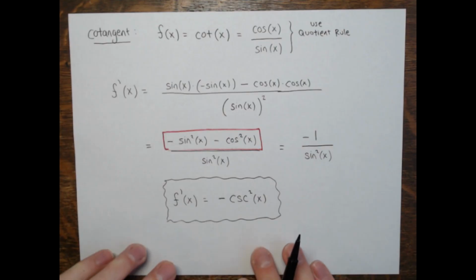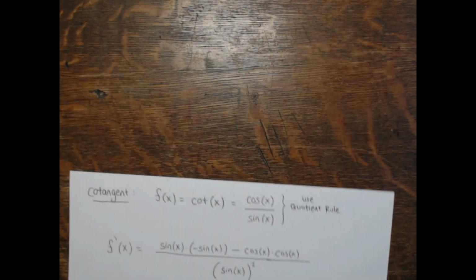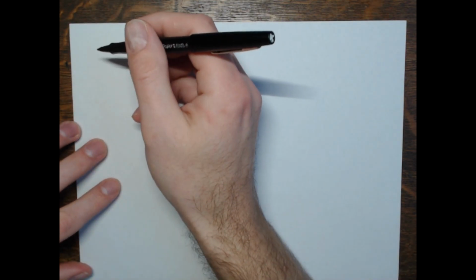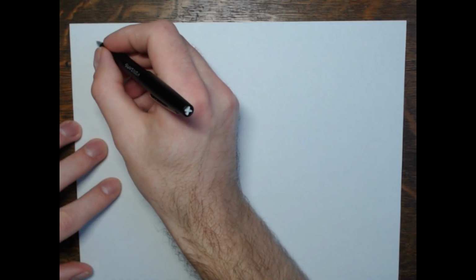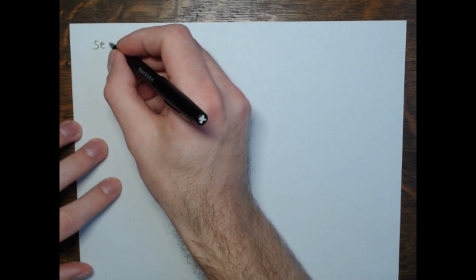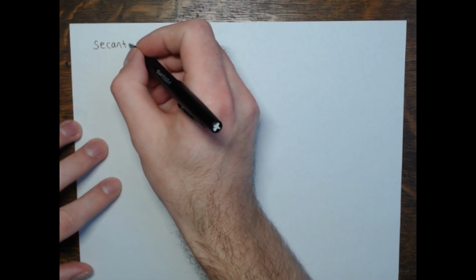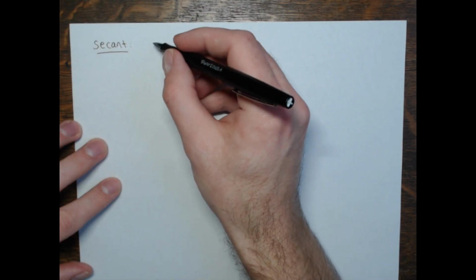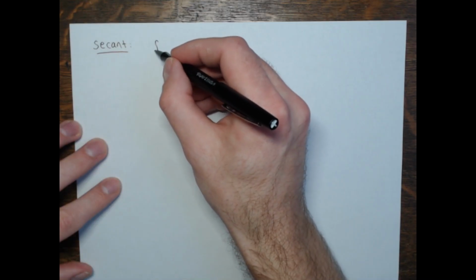Okay, good. All right, so there are 2 more. There are 6 of these. So again, I'm going to use the quotient rule for each of these last 4. So now we'll work with the last 2, the secant and cosecant functions. So secant first.